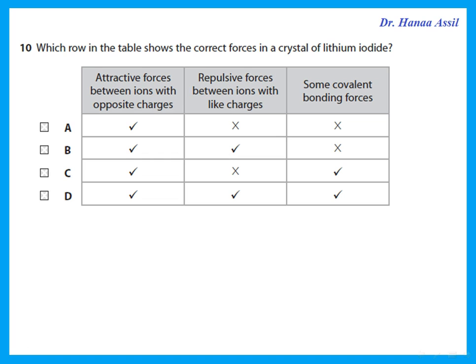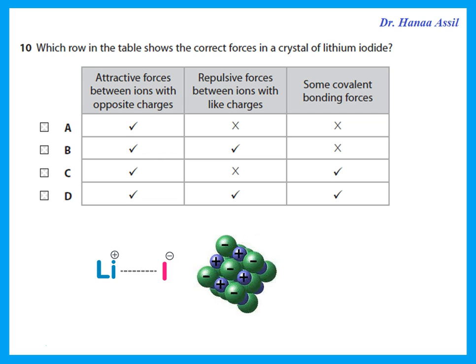Which row in the table shows the correct forces in a crystal of lithium iodide? Okay, he's saying, does it have attractive forces between ions with opposite charges? Yes, lithium iodide would have positive ions and negative ions with attractive forces between them. Does it have repulsive forces between ions with like charges?